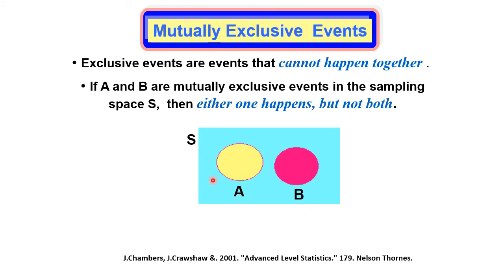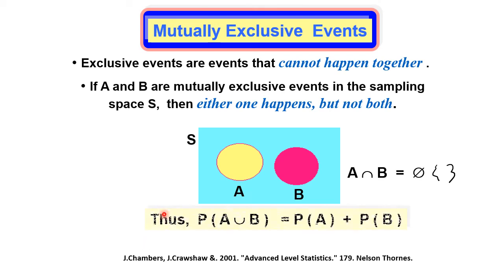Okay, for example, these two events. As you can see in the Venn diagram here, we don't have any intersection or overlap between these two circles. So this is the case of mutually exclusive events. So in other words, A intersect B is the empty set. Okay, the notation here refers to the empty set, or we can also write it like this to represent the empty set.